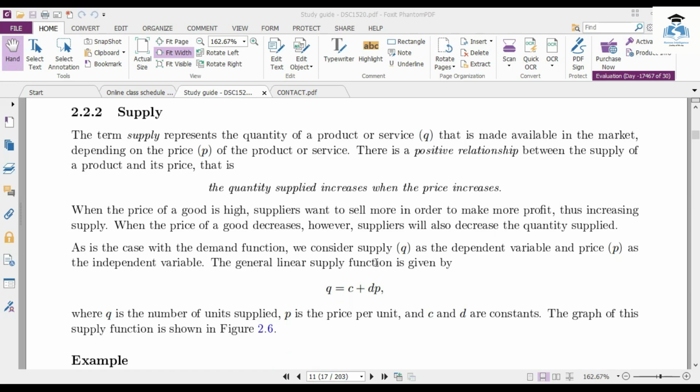Because now, if ever they say, okay, let's forget the quantity supply. If they say the supply increases when the price increases with an increased demand, then I think it will be a complete statement.